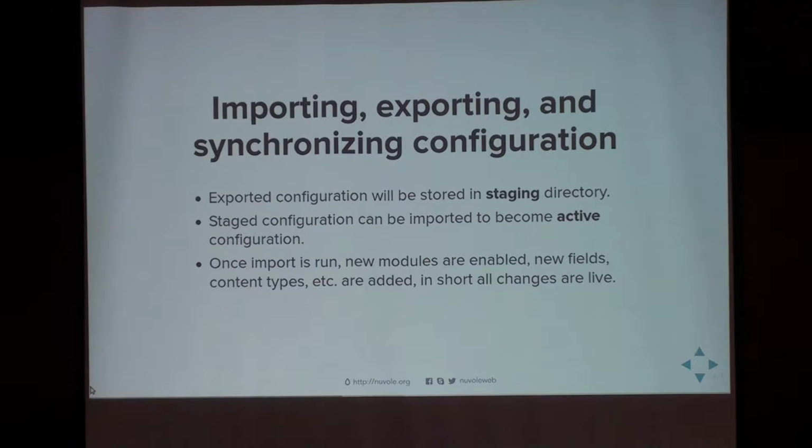And so this happens in this synchronization step. When you look at the new configuration, and you see what changes. For example, a new module is enabled, or another one is disabled, or a field has been added, and so on. And then after the synchronization step, it runs through this process of enabling the modules and making the configuration happen.